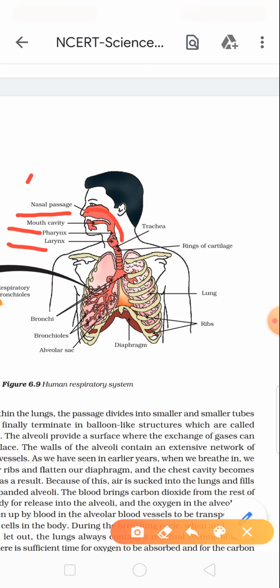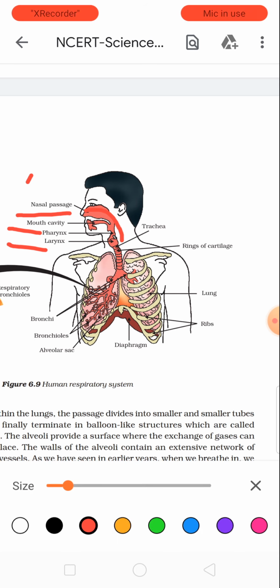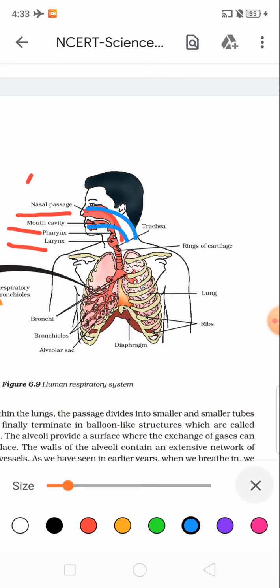Here you can see that we have two passages, one is your nostril passage and the other is your food passage.